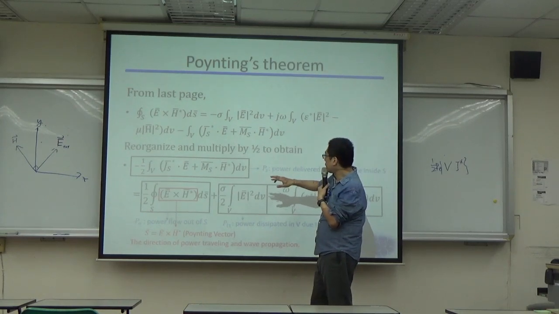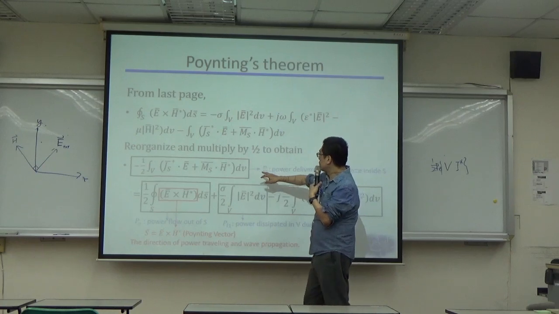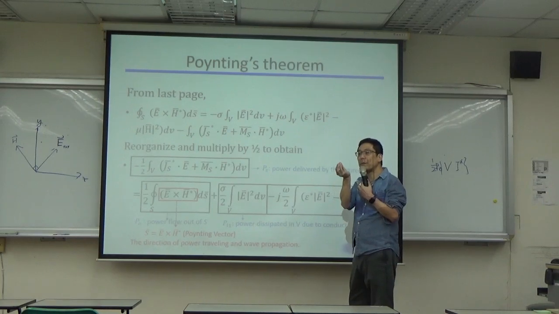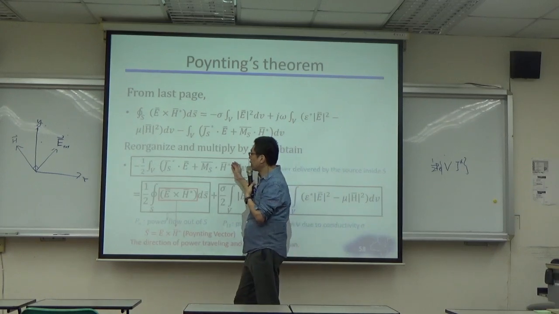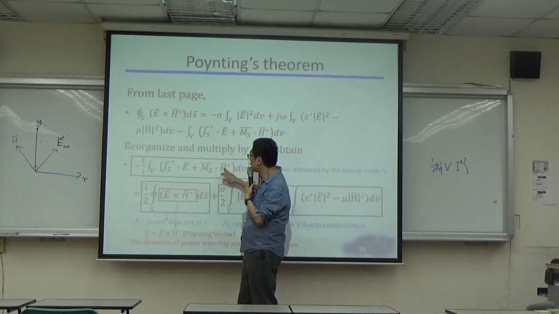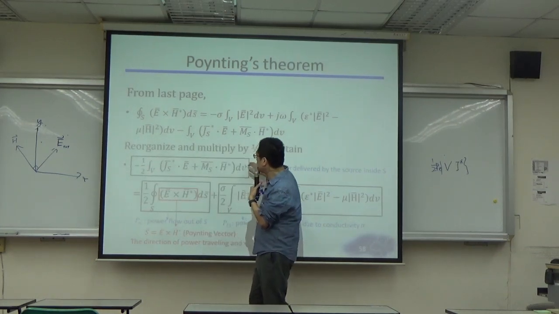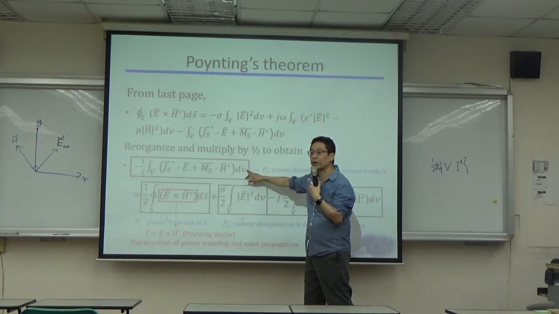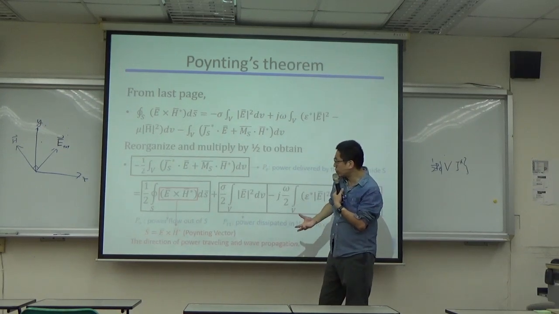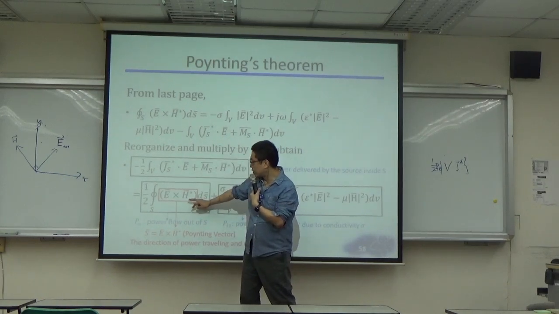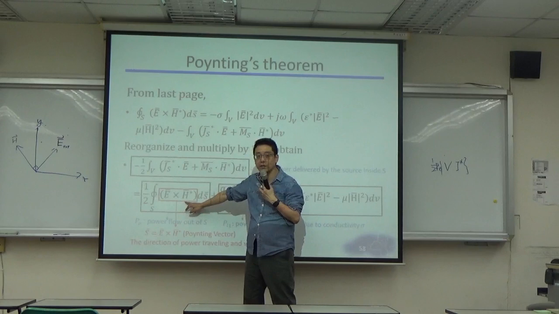First, this is the power delivered by the source, the source power. It has the part of Js with the electric field and Ms with the H field. We call this the source power. It equals one part that is the most important thing: the Poynting vector, the red part.